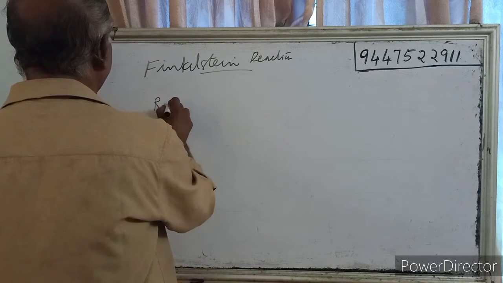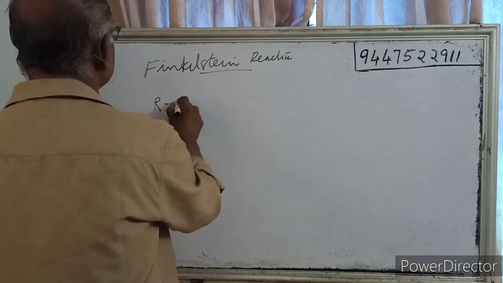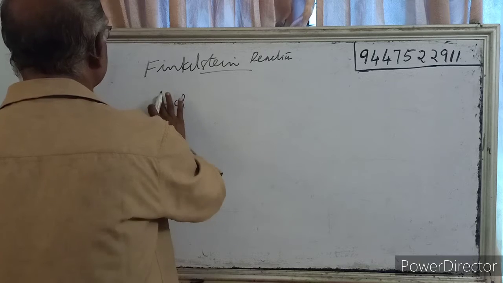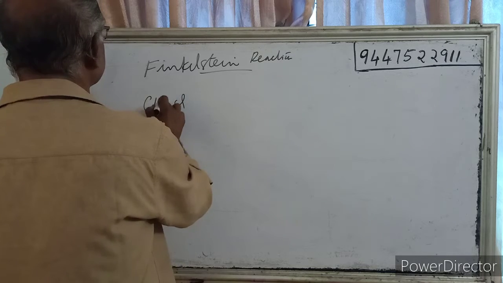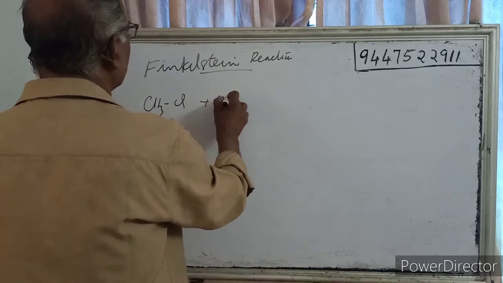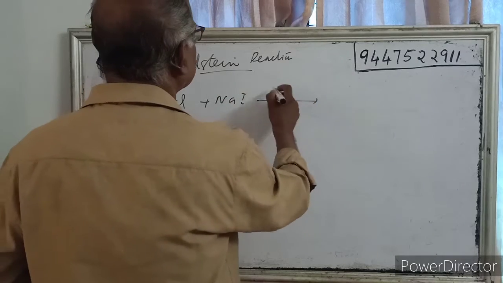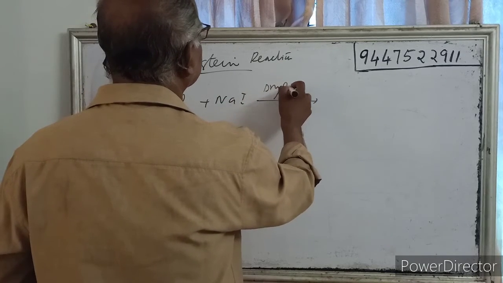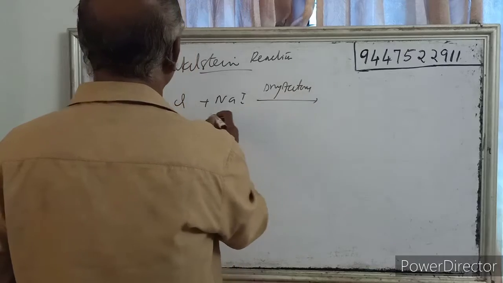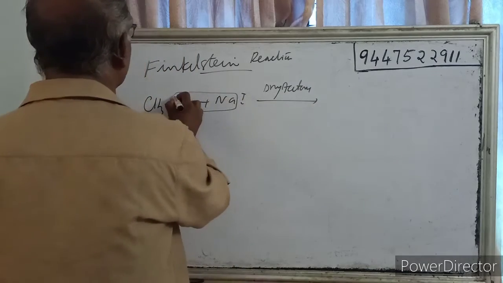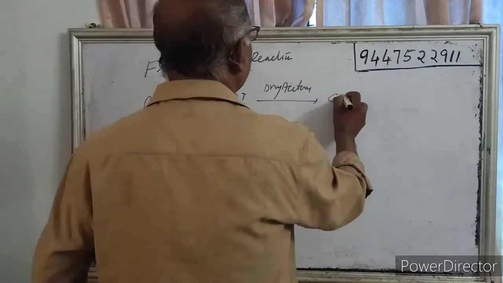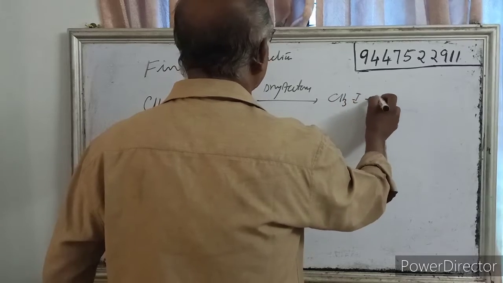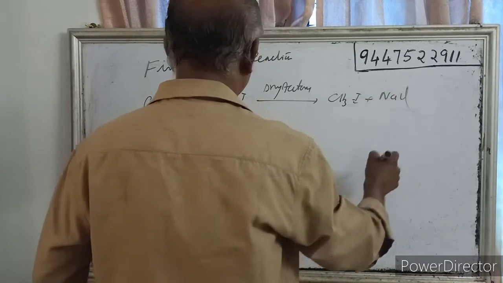For example, alkyl halide, that is chloride, CH3Cl, reacts with sodium iodide in the presence of acetone. So this will form CH3I, alkyl iodide, plus sodium chloride.